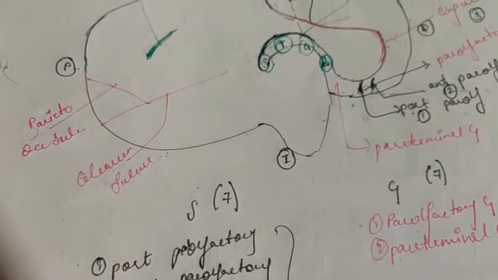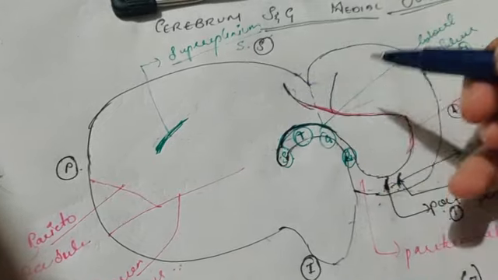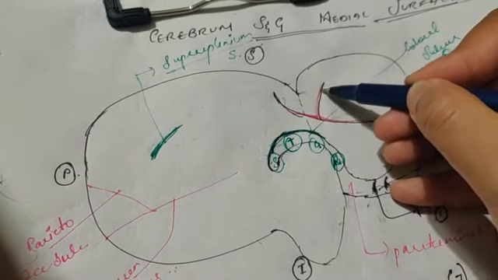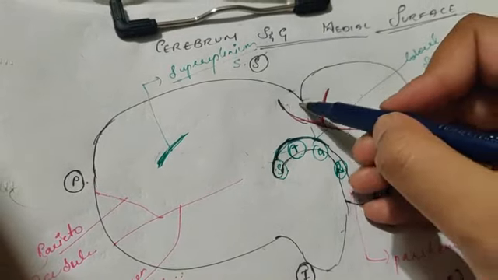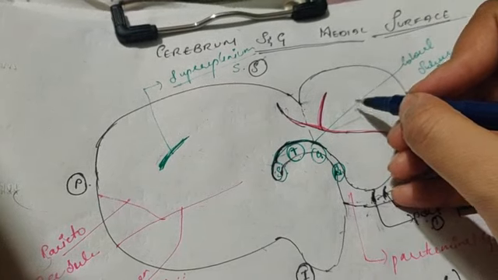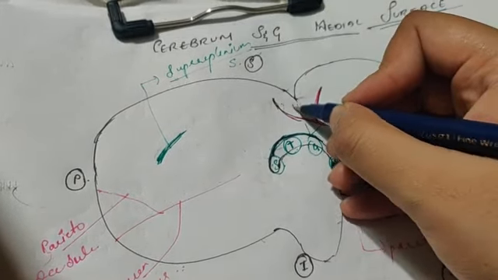After this, our third gyrus will be, see, this is our cingulate sulcus, right? The cingulate sulcus along with one more sulcus is dividing this part into two. This is the anterior part and this is the more posterior part.